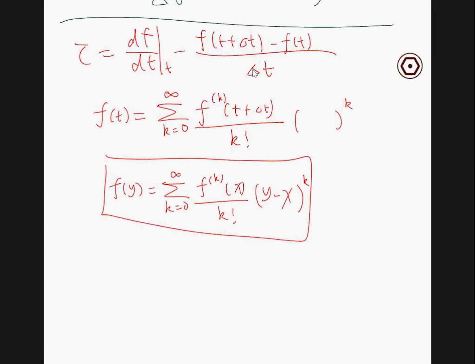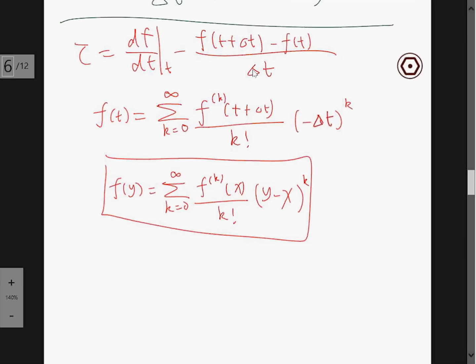So y minus x is delta t. How about in this case? Negative delta t, exactly. Does this make sense?